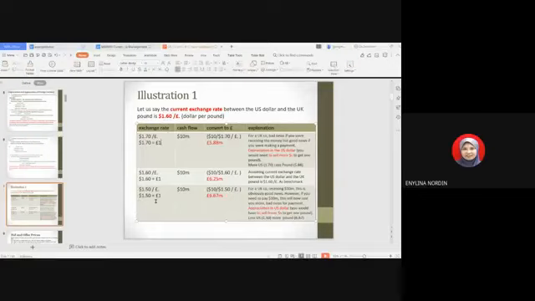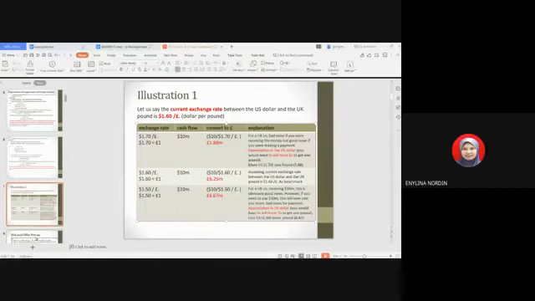That means you pay fewer dollars to get 1 pound, so the dollar is appreciating and the pound sterling is depreciating. What happens if you receive 10 million? You will receive more in pounds. So this is a comparison of whether the home currency or foreign currency is depreciating or appreciating.